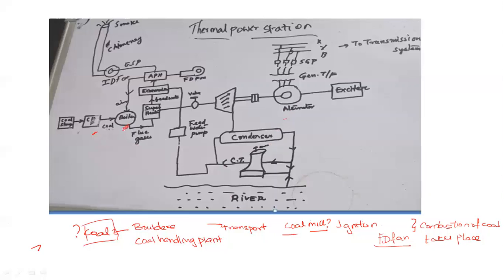In the boiler, on the sides, you will find the water wall tubes, in which water will be circulating.